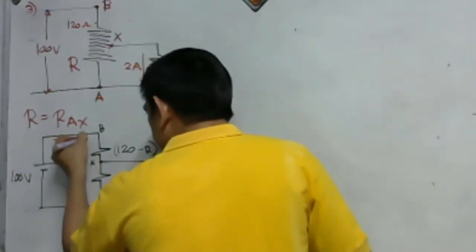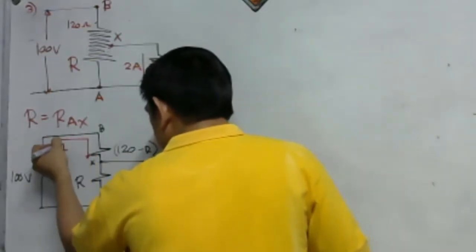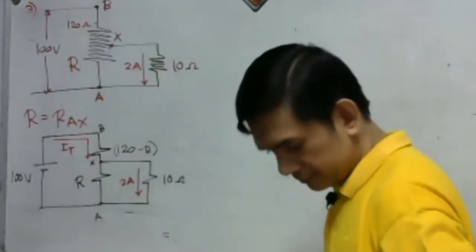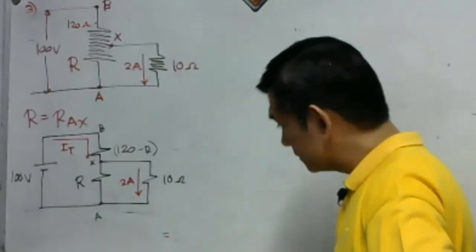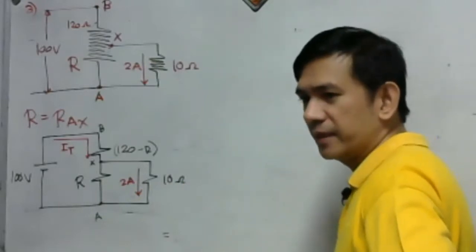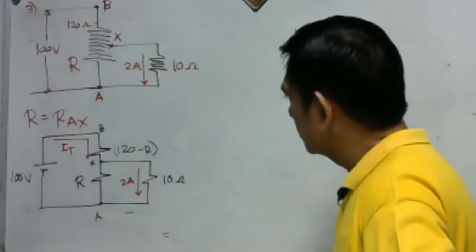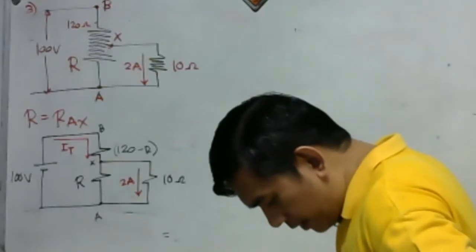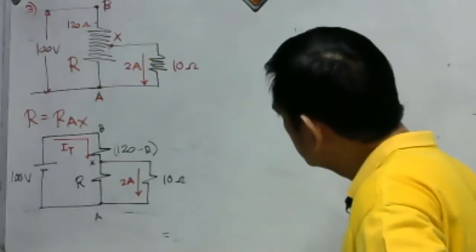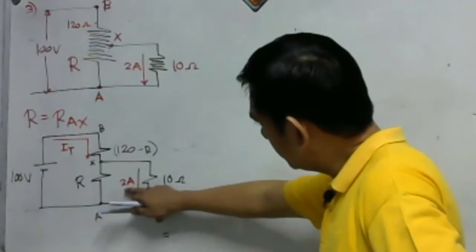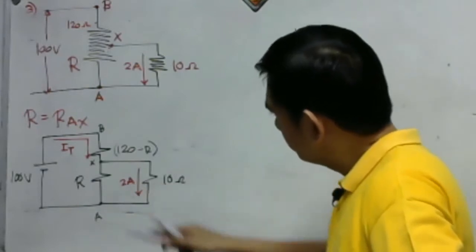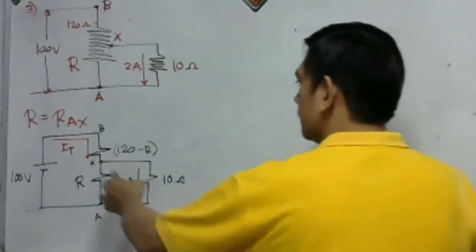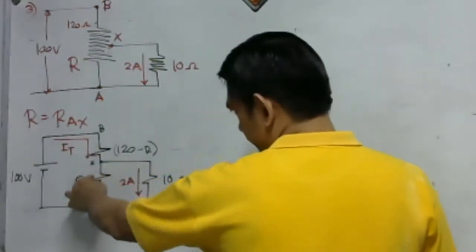We can have our total current here. Okay, that is our total current. Okay, so we have here our 2 ampere here. Take a look here.